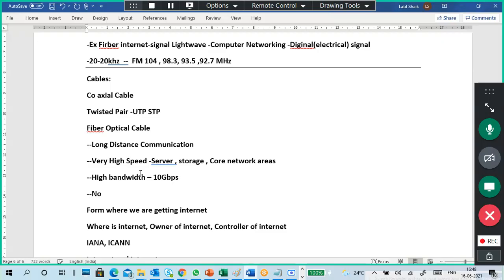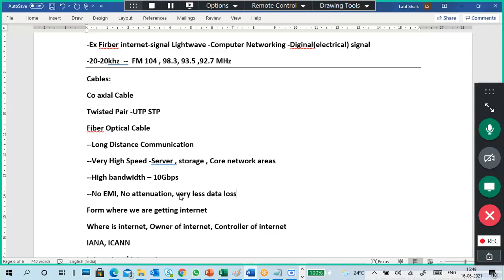No electromagnetic interference. No attenuation. Very little data loss, or no data loss.